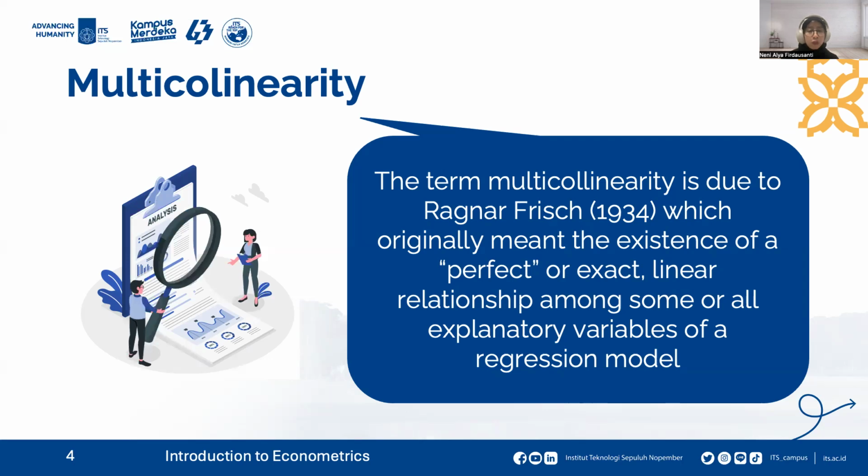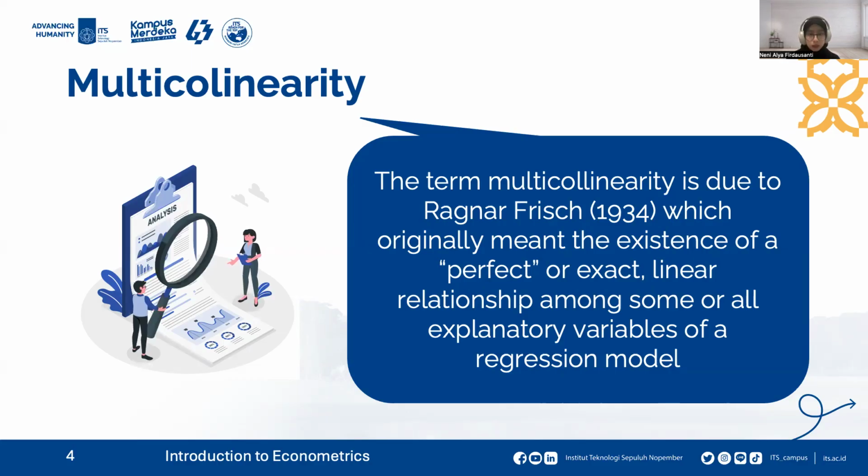Here we are not going to talk about whether there is or there is no multicollinearity, but how severe it is, a spectrum of multicollinearity that we have in our data set. And it's about whether there is a linear relationship between the explanatory variables or not.